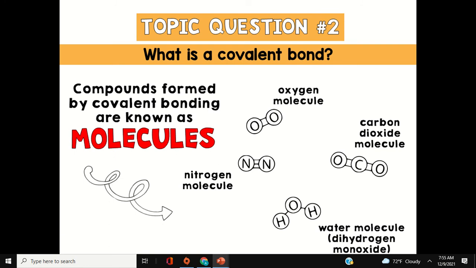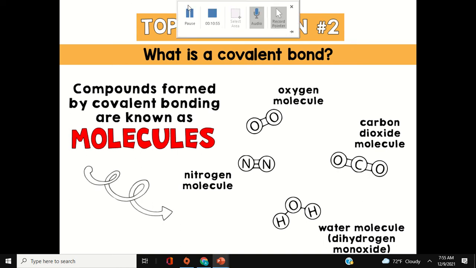Alrighty, so still on topic question 2. This is how covalent bonds will look. Remember, on our 3 types of chemical compounds notes, the word molecules, that was on that worksheet, those notes we did when we talked about the 3 different types of bonds, and we said that you can refer to covalent bonds as molecules.